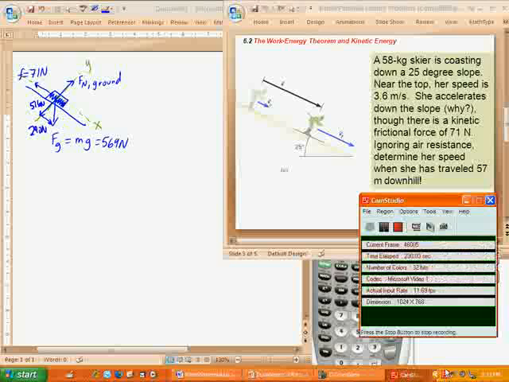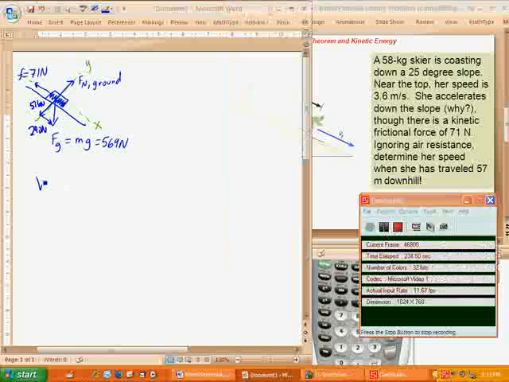The work energy theorem is that the work is equal to the final energy minus the initial energy. Since the work is the force times the displacement, and the kinetic energy is 1/2 mv squared, with the final velocity and the initial velocity.